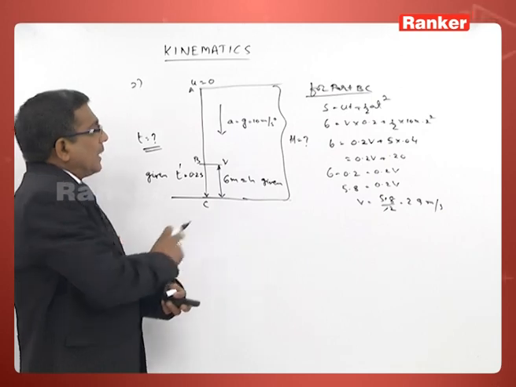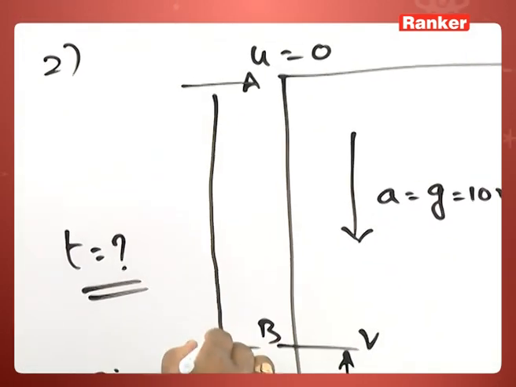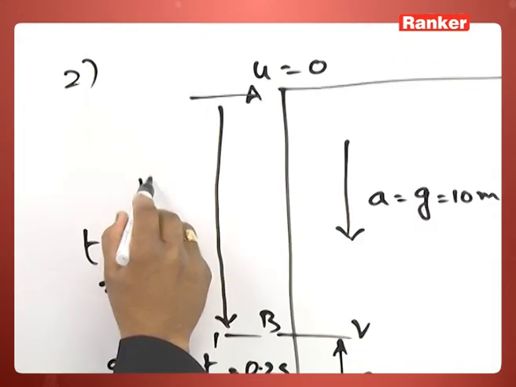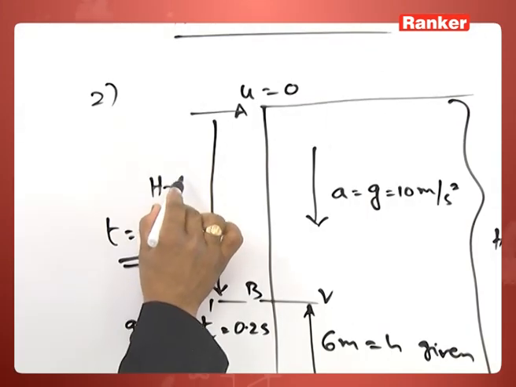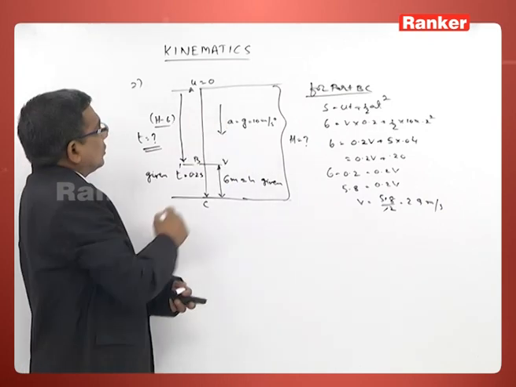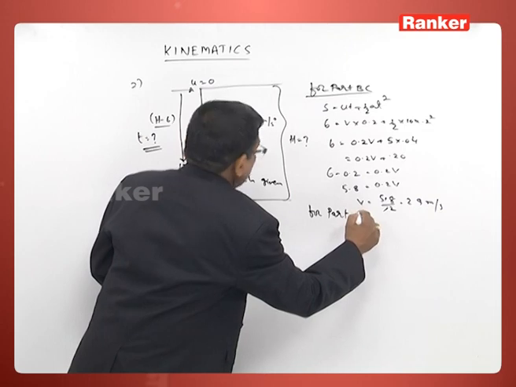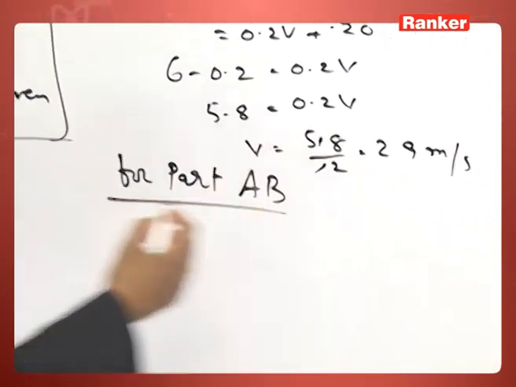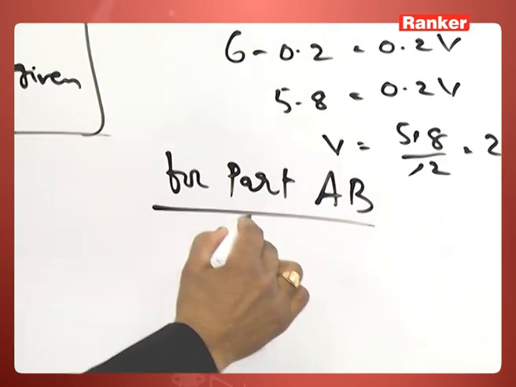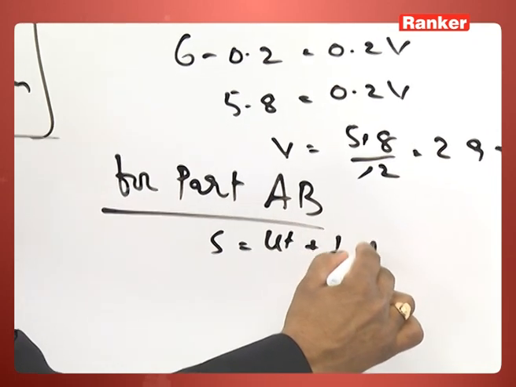The velocity is becoming v. Now from A to B, what is the distance travelled? Total height is h, and here already 6 is given. So this is h minus 6 meters. Now to find the total height, let us consider part AB and use the same formula, S is equal to ut plus half at square.